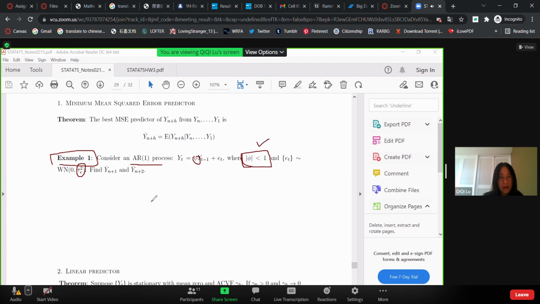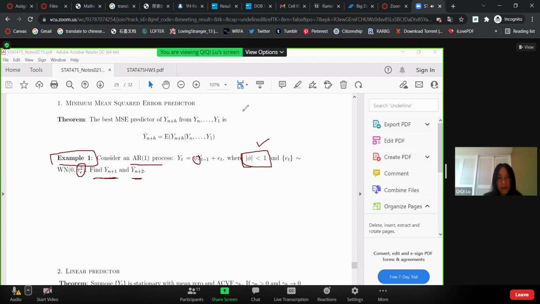Now we want to find the one-step-ahead forecast and the two-step-ahead forecast by the conditional expectation predictor method.